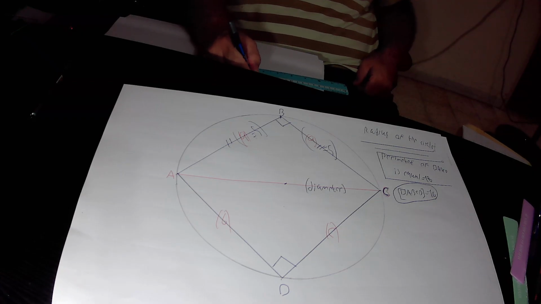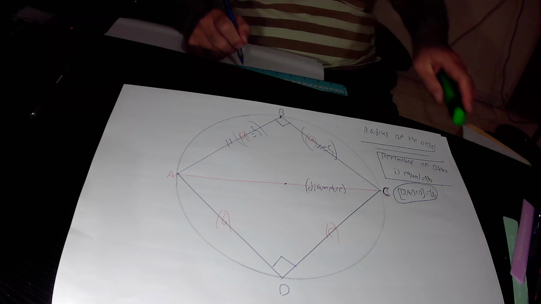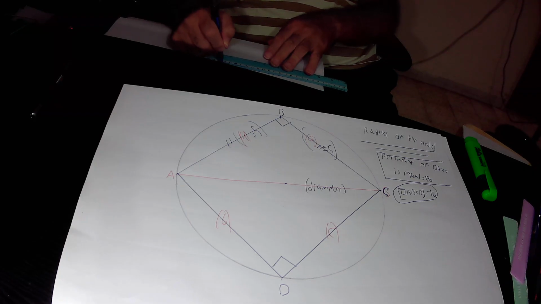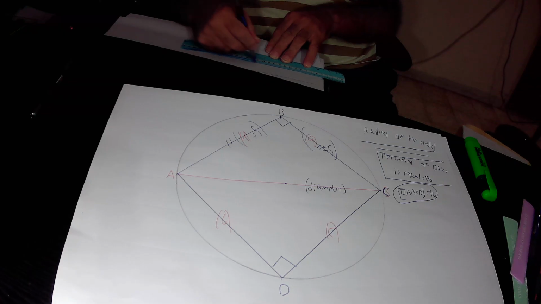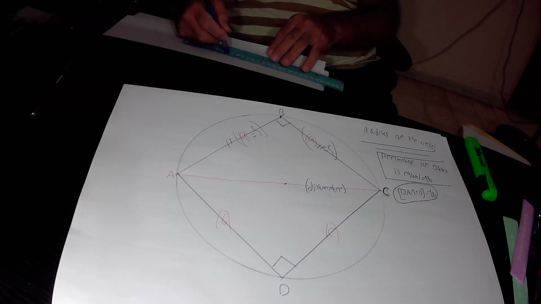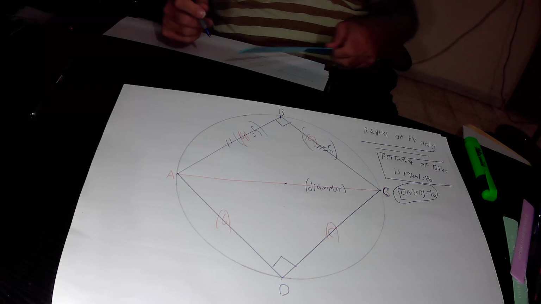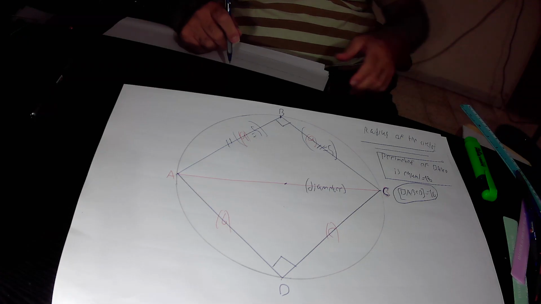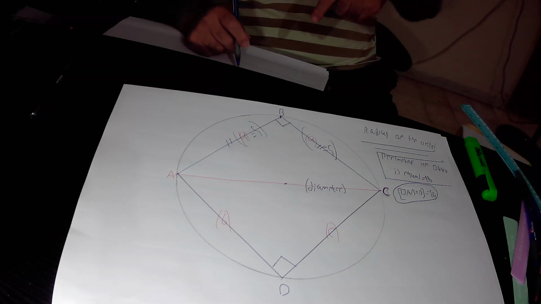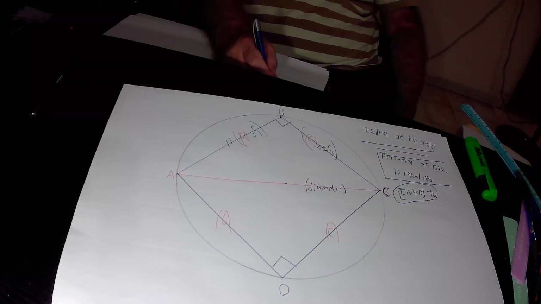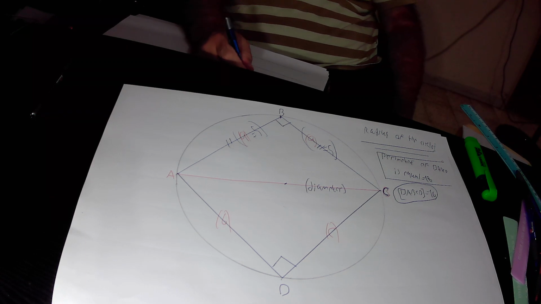Here PT is the relation for Pythagoras theorem. This triangle ABC according to the Pythagoras theorem: AC square, this is the square of the hypotenuse, is equal to AB square plus BC square.